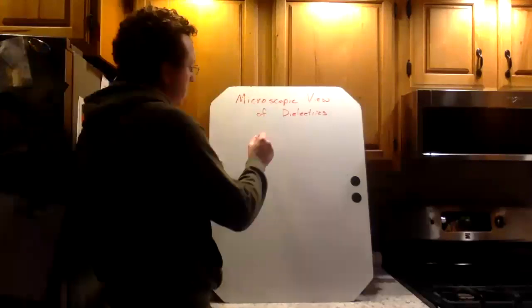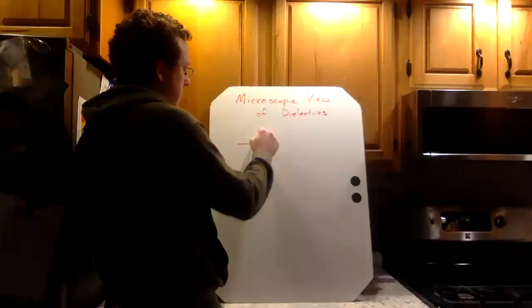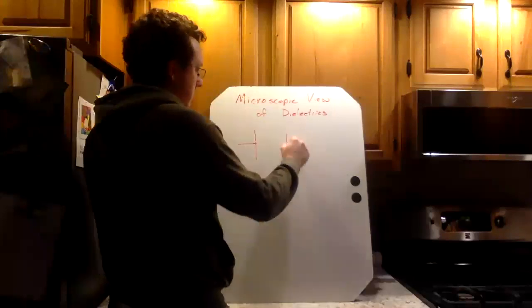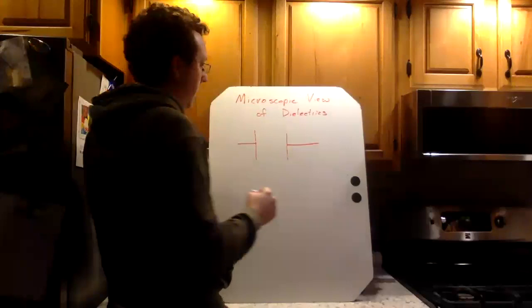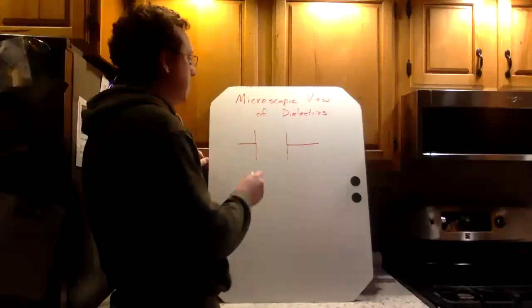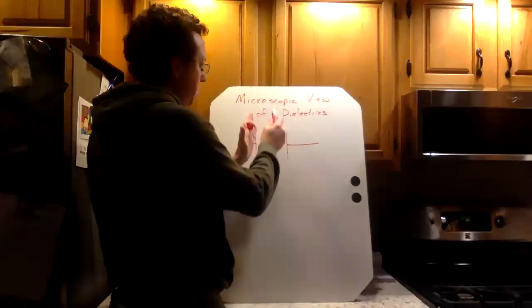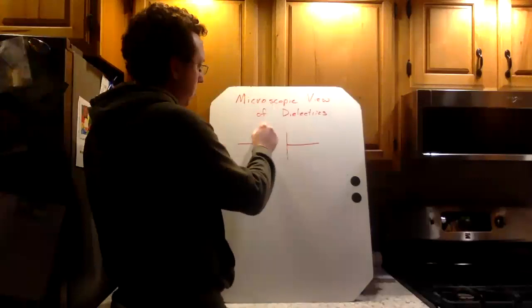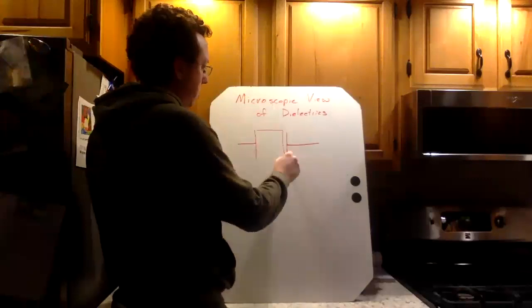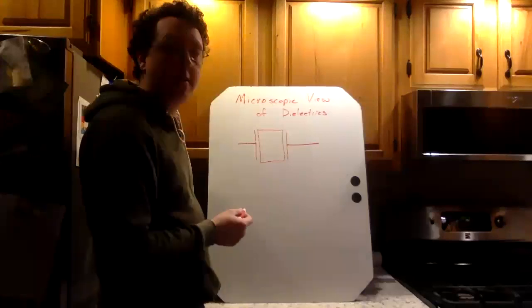So, if we had a capacitor, even before we hook it up to a battery, you could imagine you fill the gap with some material, and that material is made of little atoms.